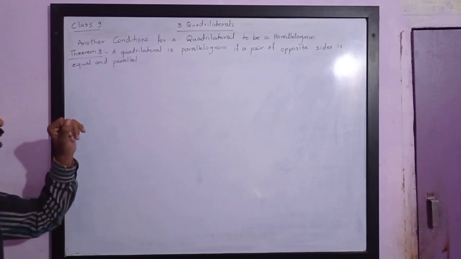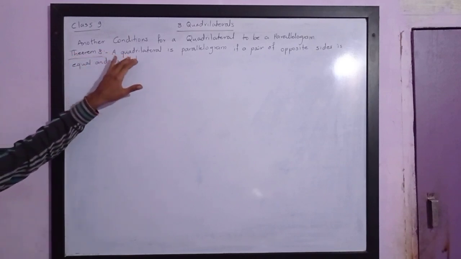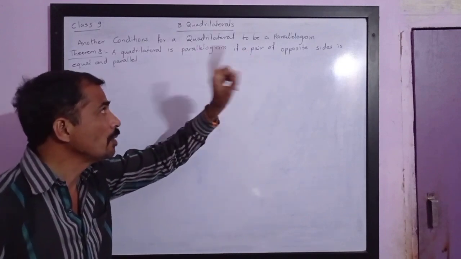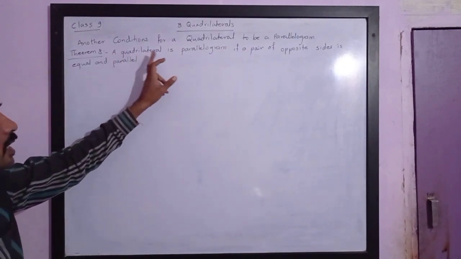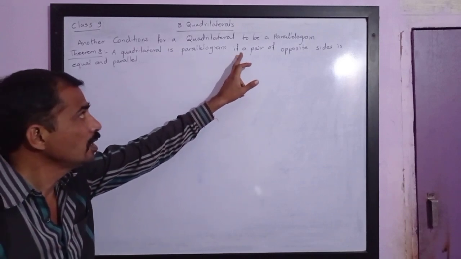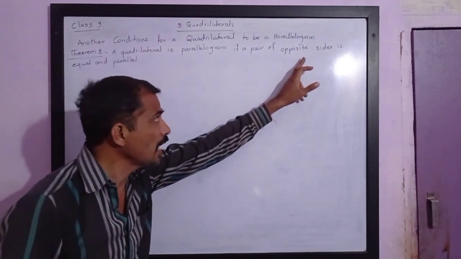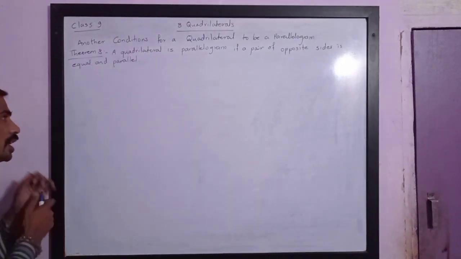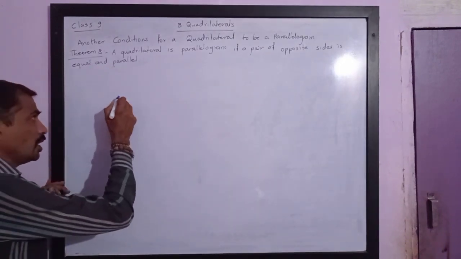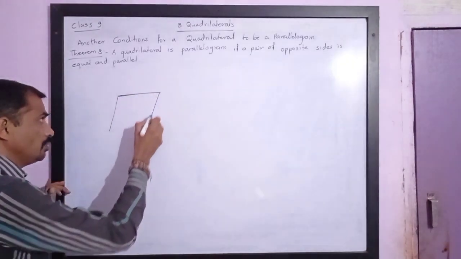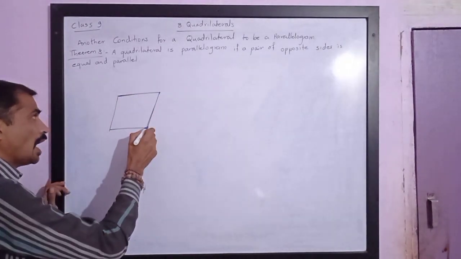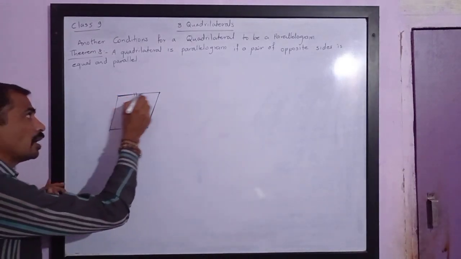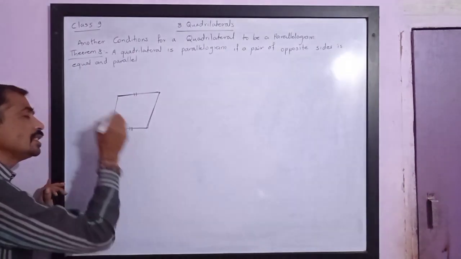The next property that we are going to study is: a quadrilateral is a parallelogram if a pair, meaning one pair, of opposite sides is equal and parallel. Try to understand this statement. Imagine this is a quadrilateral, and in the quadrilateral one pair of opposite sides is parallel as well as equal.